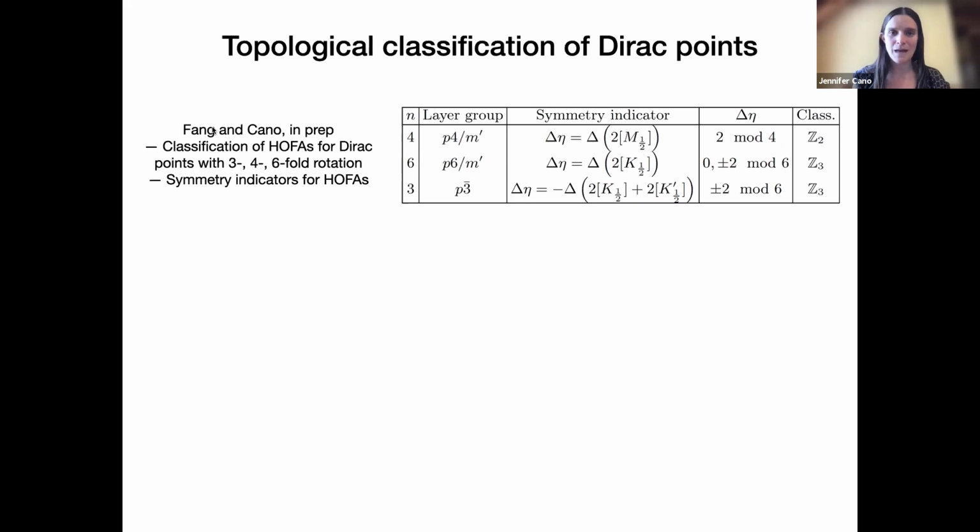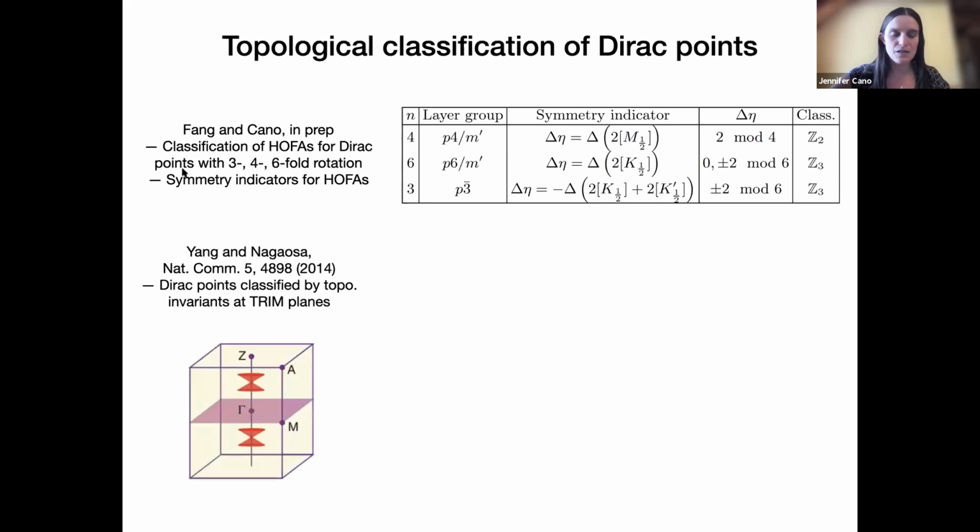And so we can make this better. We've extended this classification to other rotations, and we see that there can actually be multiple types of Fermi arcs that have a more complicated algebra associated with them. And so we think that this firmly answers the question of what kinds of Dirac points can have higher order Fermi arcs. But we are by no means the first people to try to classify the topology of Dirac points.